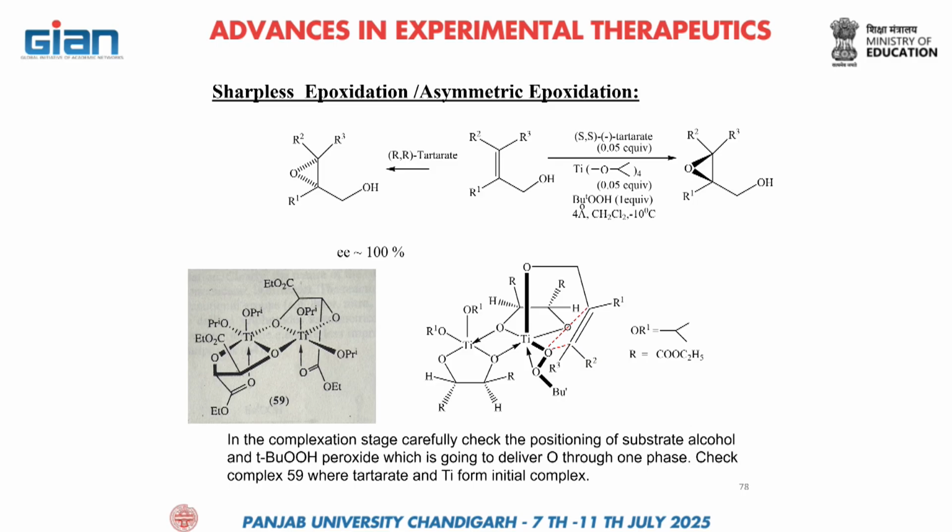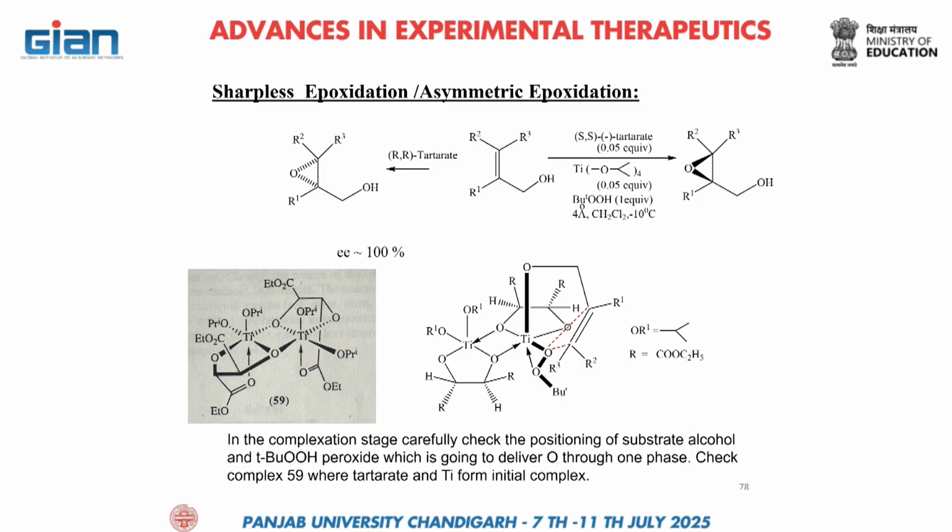You try to put a bulky group with a lot of steric hindrance on one face, so that this reaction can occur only from one side. Now if you see the number 59, what is this 59? This is just the complexation of the reagent which you are using. Which reagent are you using? Titanium tetraisopropoxide plus diethyl tartrate.